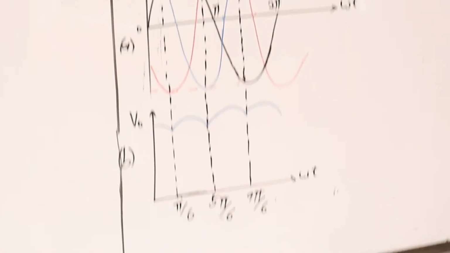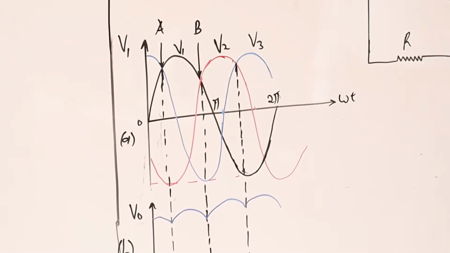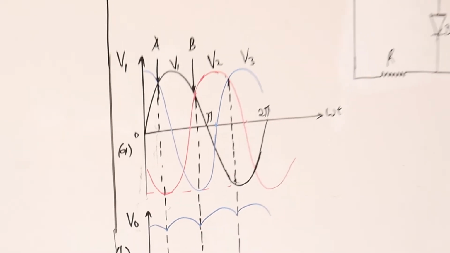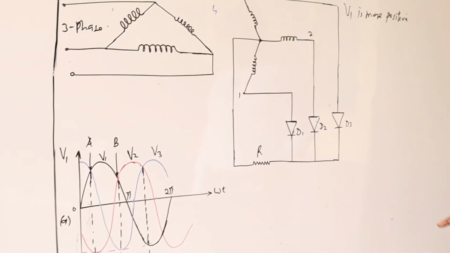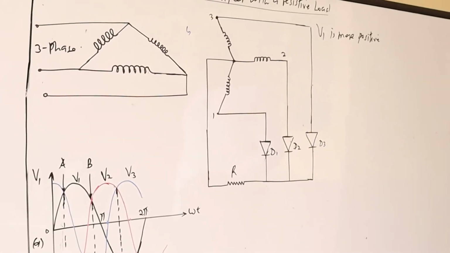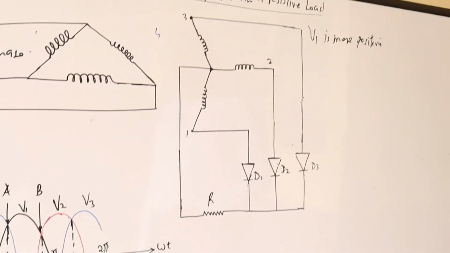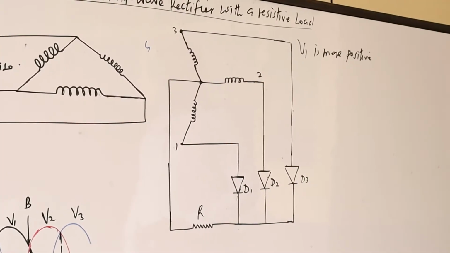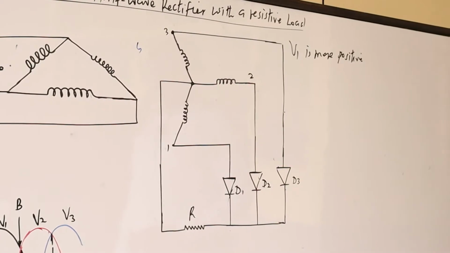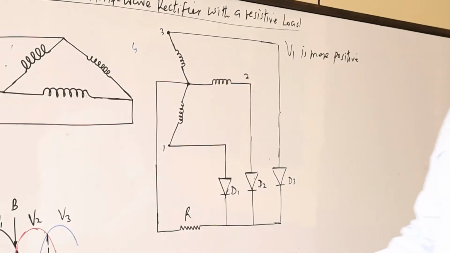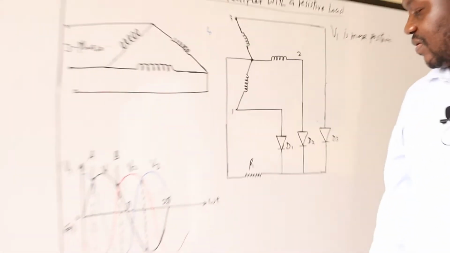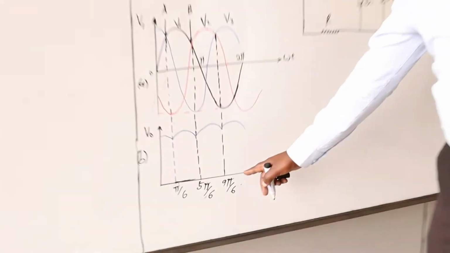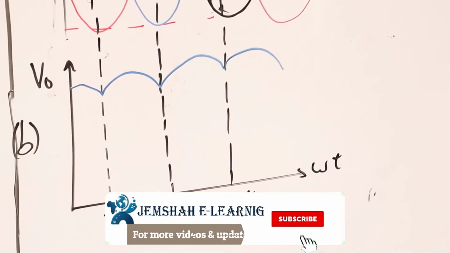Then again, when V2 is more positive than V1 and V3, diode D2 will conduct, that is between 5 pi over 6 and 9 pi over 6.